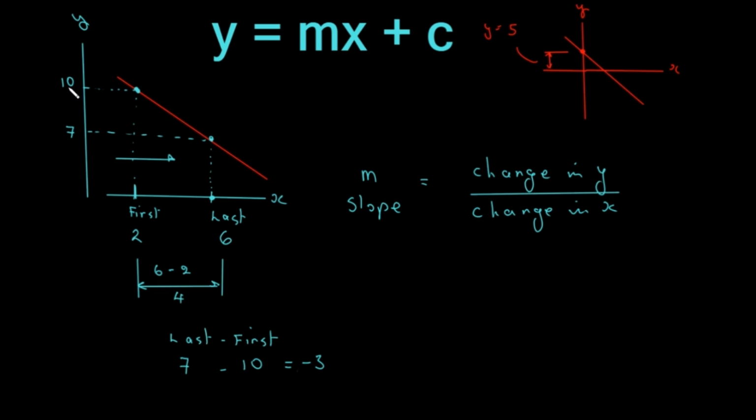Look, this value here is the last, remove 10, negative 3. So that's your change in y. Change in x is the last minus the first. 6 remove 2 is 4. So the slope, in fact, is negative 3/4. When the line goes down, the slope is always negative.